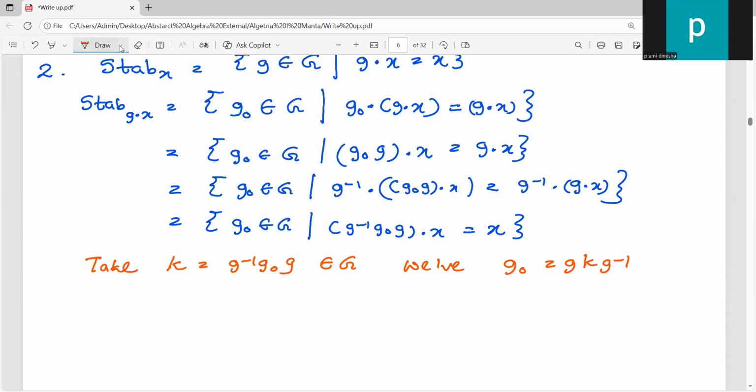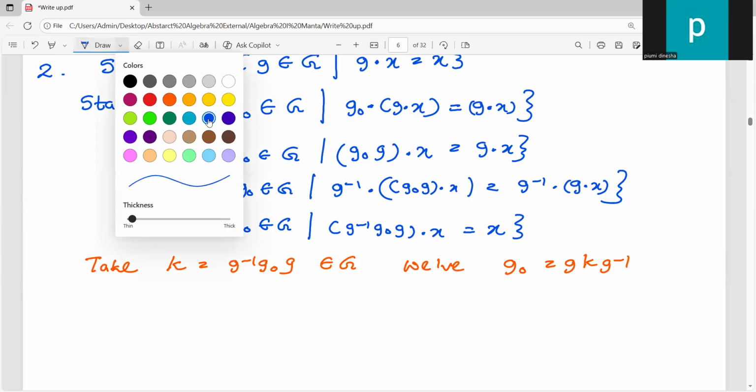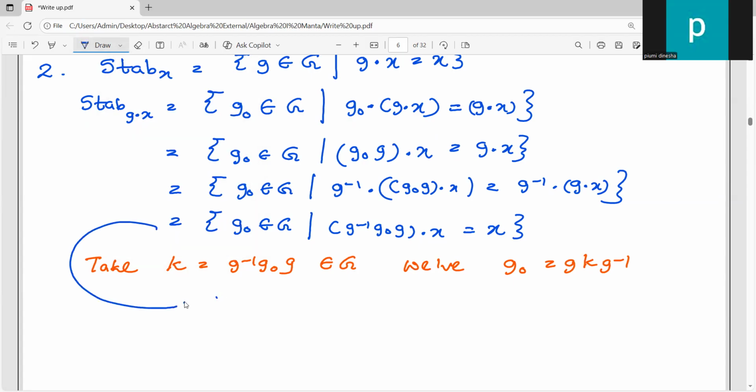Therefore, this is equal to g naught, which I will replace by g k g inverse, where k dot x is equal to x.